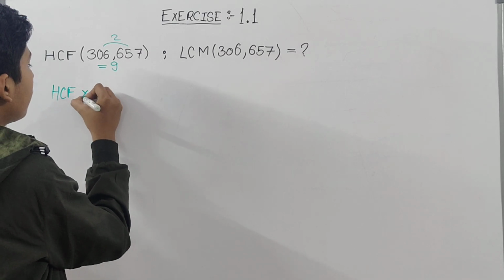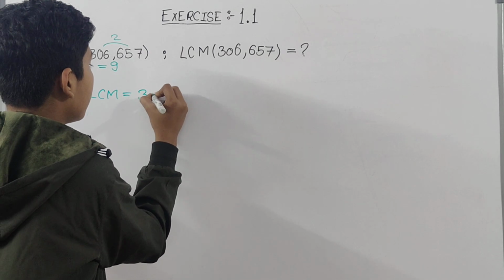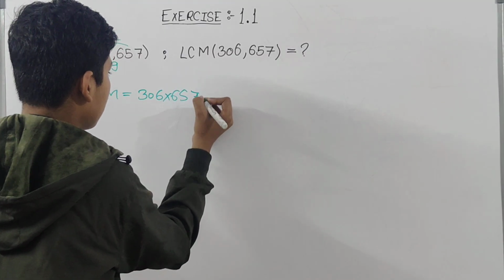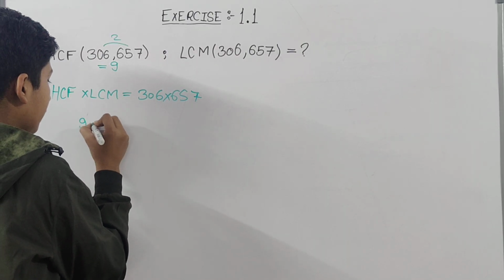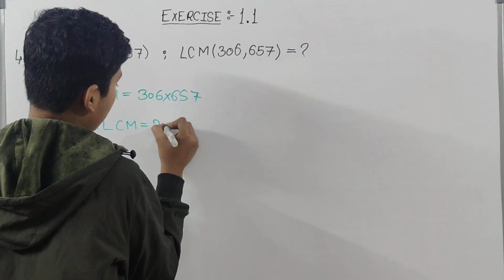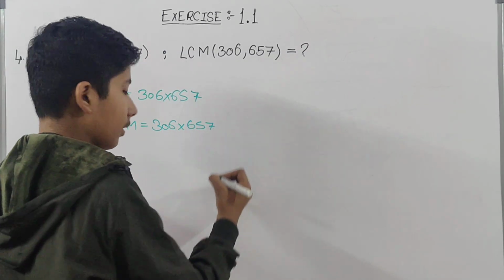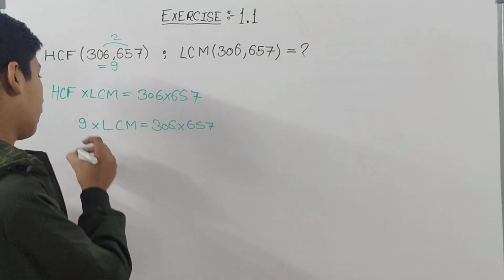HCF into LCM is equal to 306 into 657. So HCF is given to us, which is 9 into LCM is equal to 306 into 657. Now we'll divide one of these numbers by 9.